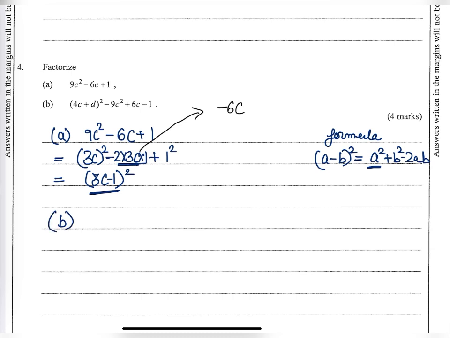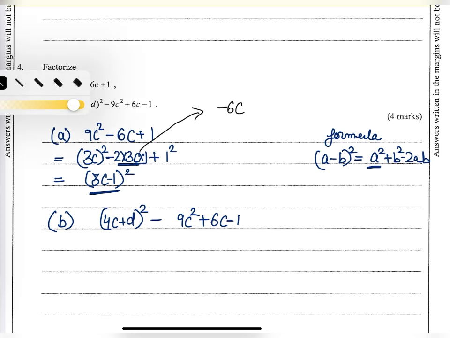So part b: 4c plus d whole square minus 9c square plus 6c minus 1. If you look at this one and this one, we can see that their signs are different. 9c is negative here, and here it's positive.